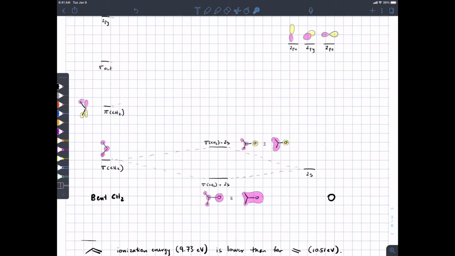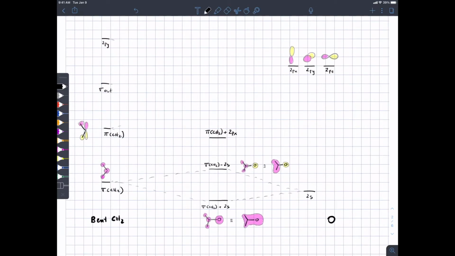Again, there's a difference in energy, difference in overlap. So we expect the bonding orbital, the plus combination, the lower energy combination, to be mostly on carbon, and the higher energy combination to be mostly on oxygen. So let's put the lower energy combination here. This would be pi CH2 plus 2px.